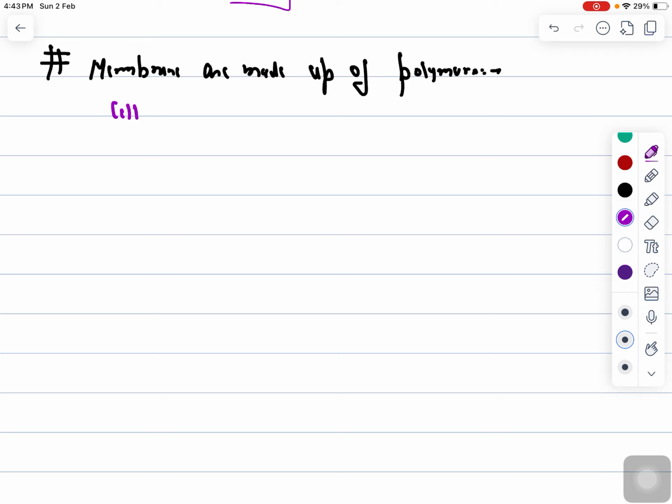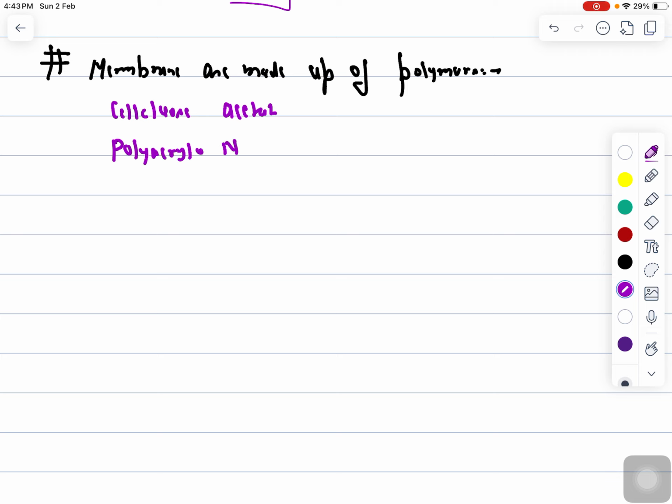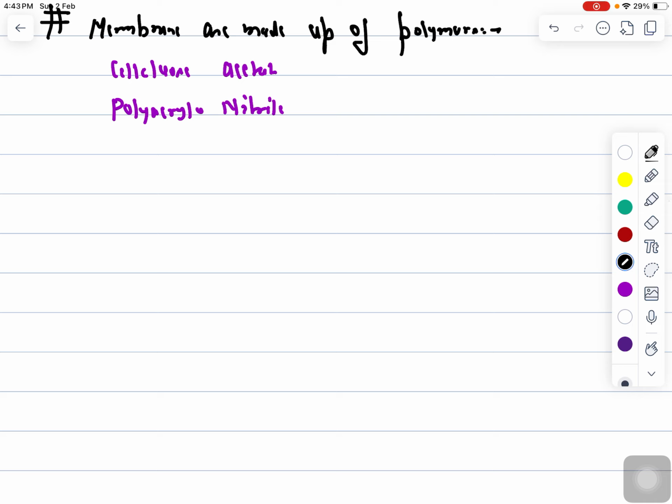It can be cellulose ester, polyacrylonitrile, and another, nitrocellulose membrane, is also there. Whatman filter paper is made up of cellulose. All of these things are there, right? But that is not required here.